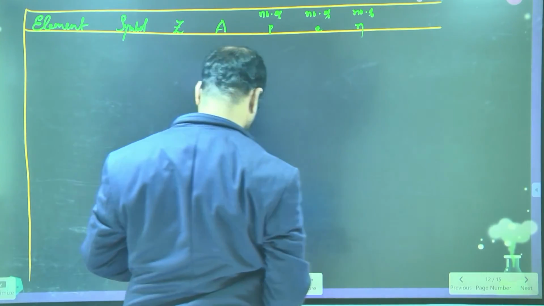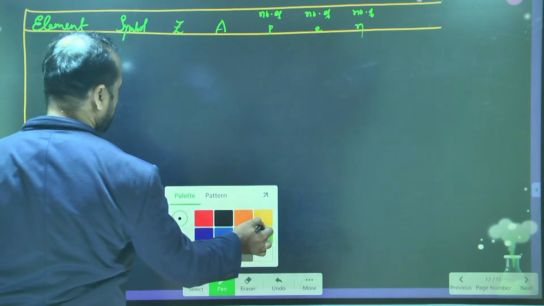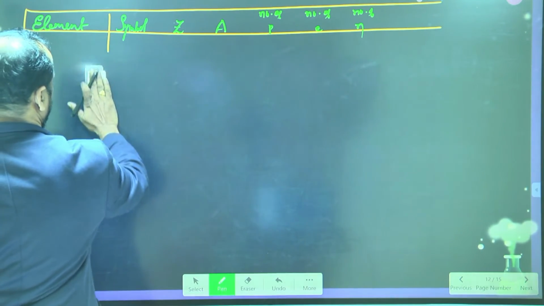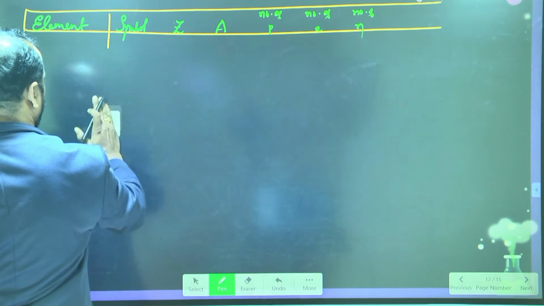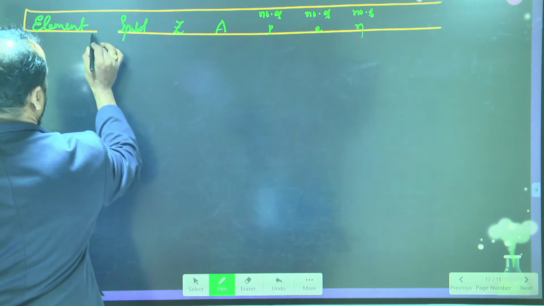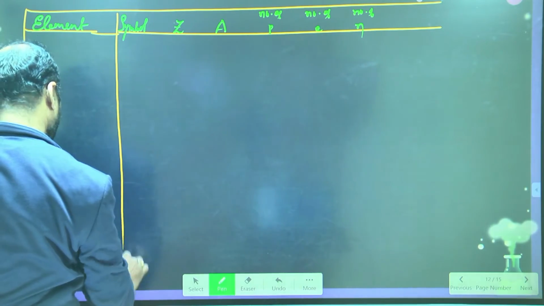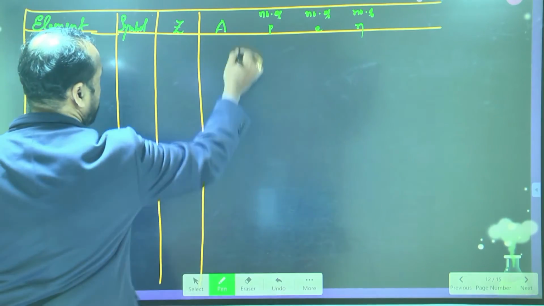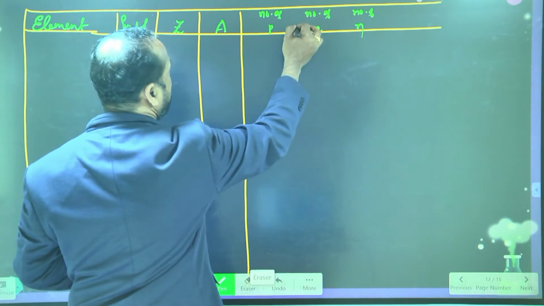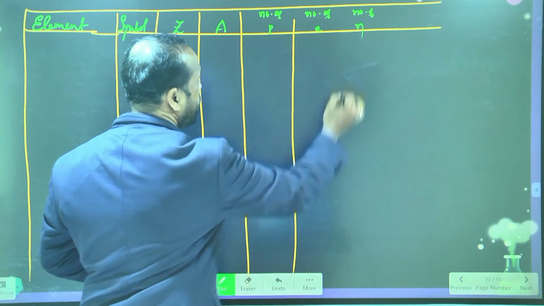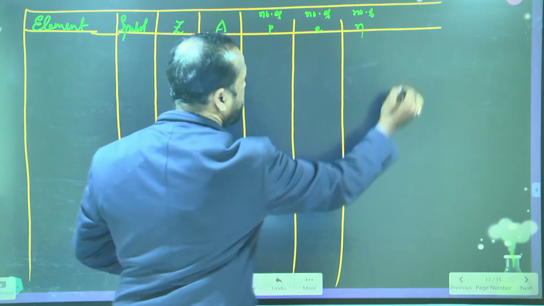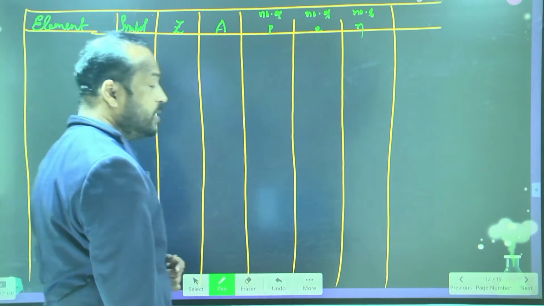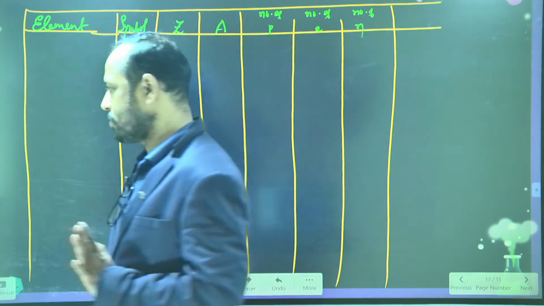Like this you make columns. Now you know the 20 elements, so you write them one by one.